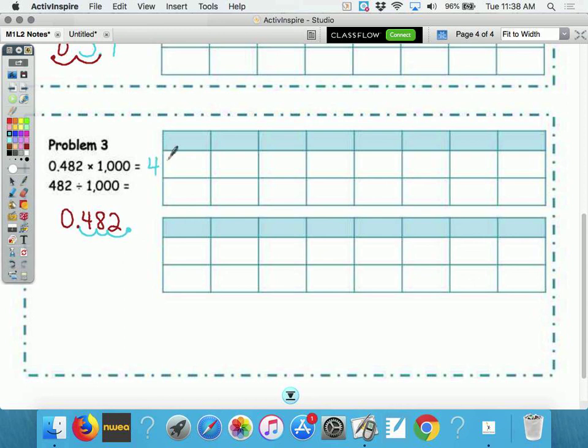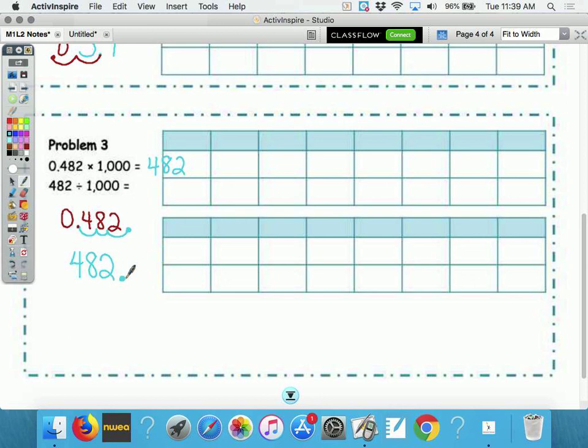So 482 decimal. Do I need to write the decimal? No. What number is that? 482. Very good.